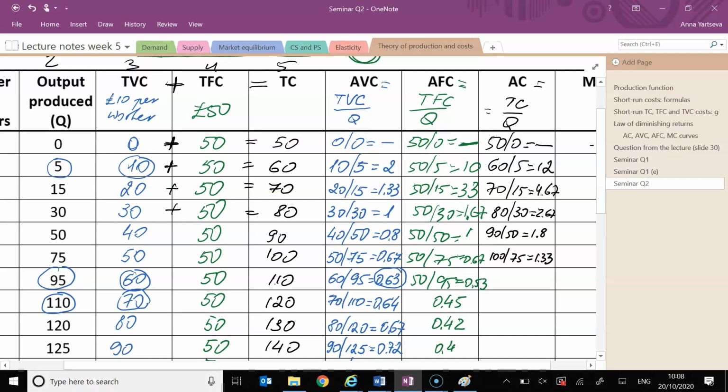Next, 110 divided by 95 units. Black column divided by black column, 110 divided by 95, 1.16.